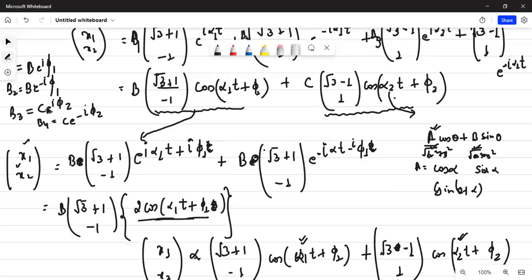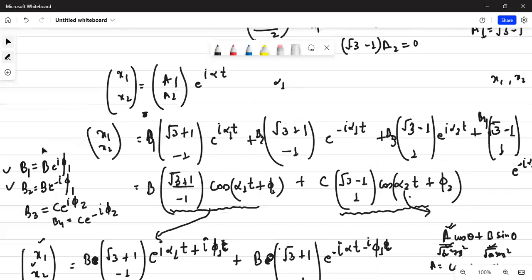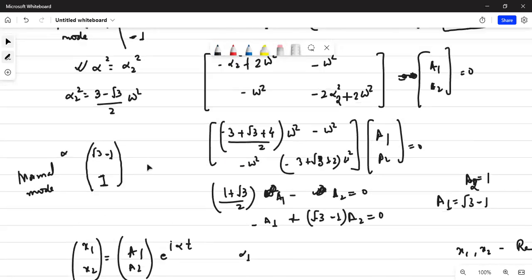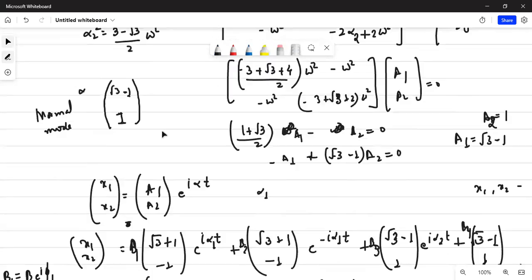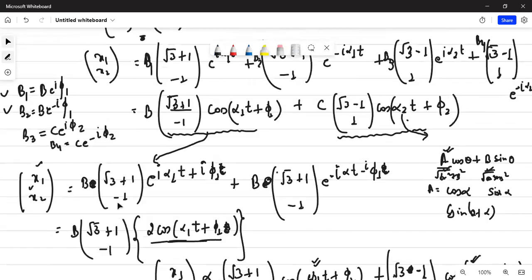So what is alpha 1? In terms of your omega, you know that your alpha 1 square is 3 minus root 3 times omega square. And another frequency is alpha 2.